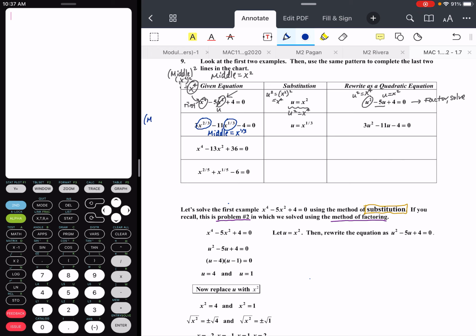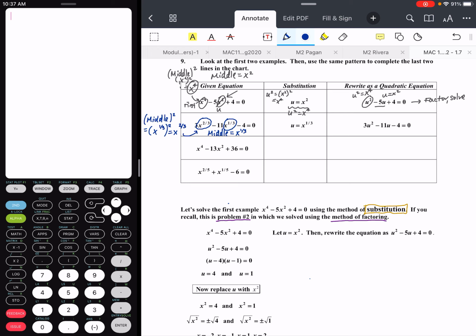So if I take my middle variable, x to the 1/3, and square it, I'm going to use the power rule here, which means I multiply my exponents. 1/3 times 2 equals 2/3. So this would be x to the power 2/3, which is that first variable. Okay, so it is quadratic in form.